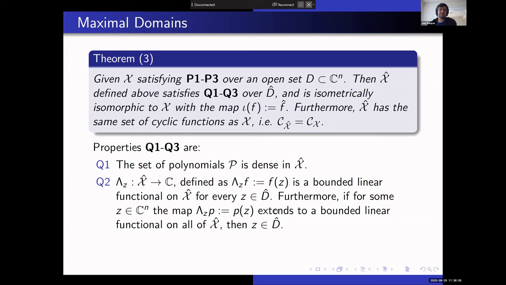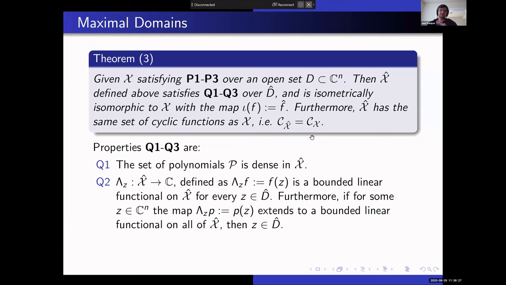That essentially comes out of the construction of D hat. It's kind of cheating, but it's also preserving some of the properties from the previous case we had. So it can be regarded as an improvement overall. At least we now have an idea of how the functions behave around the points in D hat.